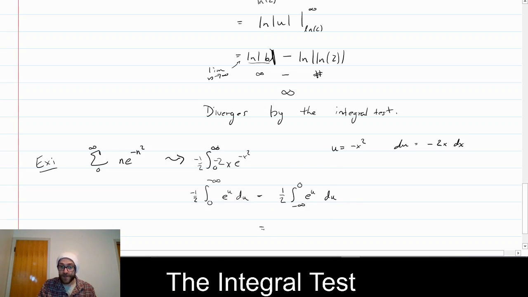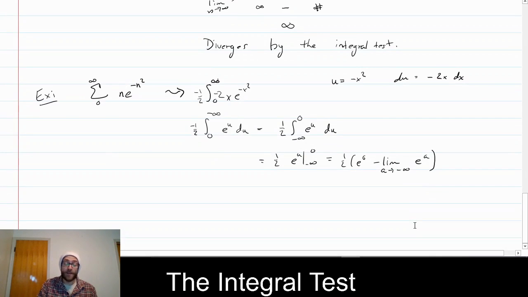And now we just evaluate this integral. So 1/2 e to the u from negative infinity to 0, which is going to be 1/2 e to the 0 minus the limit as, let's say, a goes to negative infinity of e to the a.